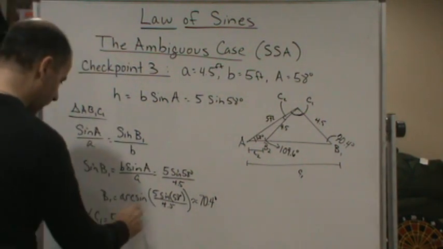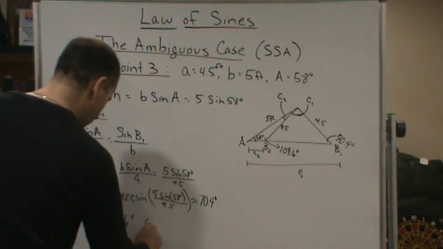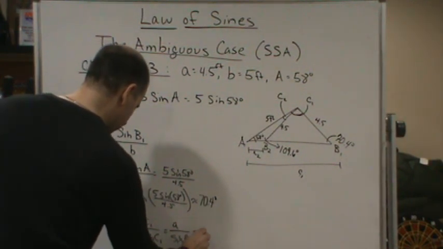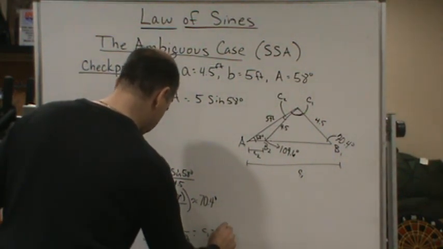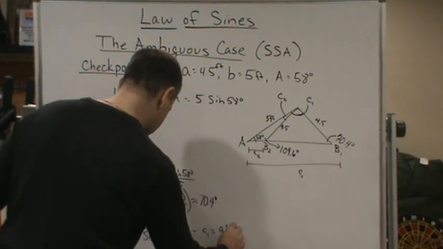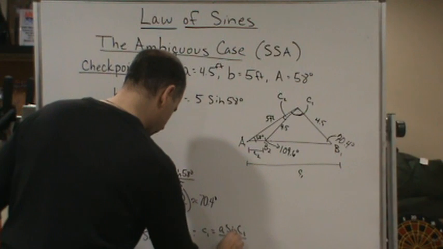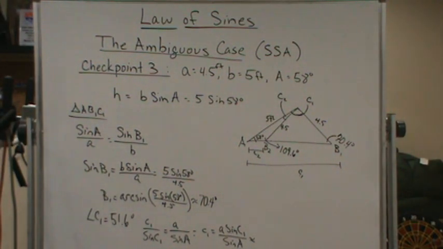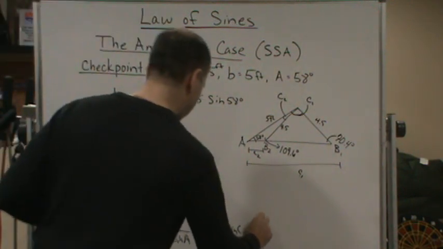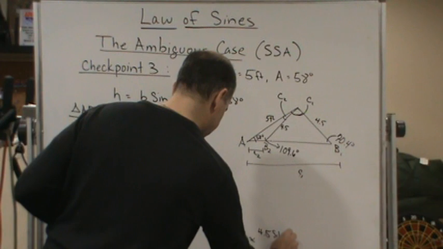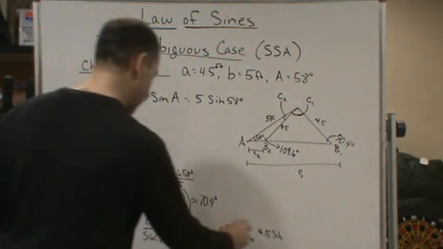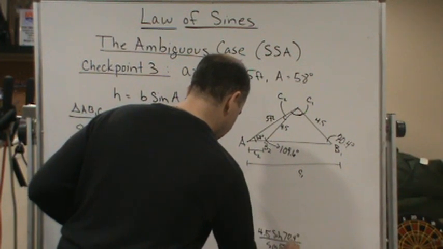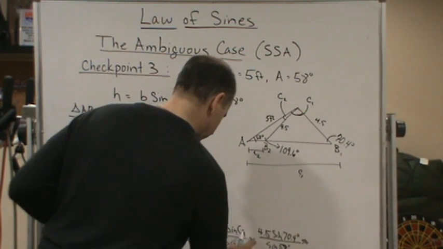Now we can just find the last side, c1. So c1 over sine of C1 is equal to A over sine A, which means c1 is going to equal A sine C1 over sine A. If we stick this in our calculator, we get 4.5 times the sine of 51.6 degrees divided by sine of 58 degrees.